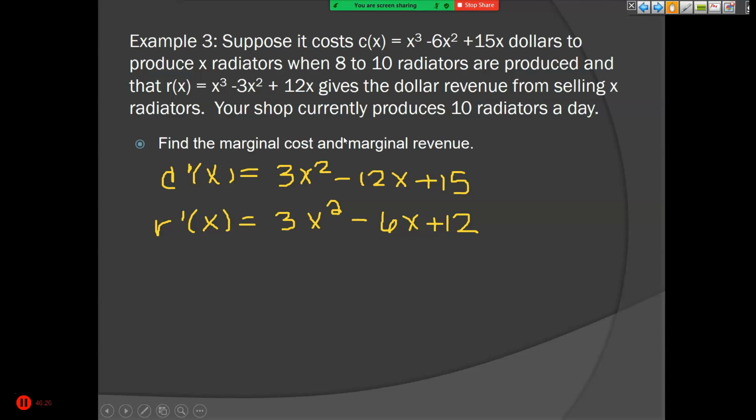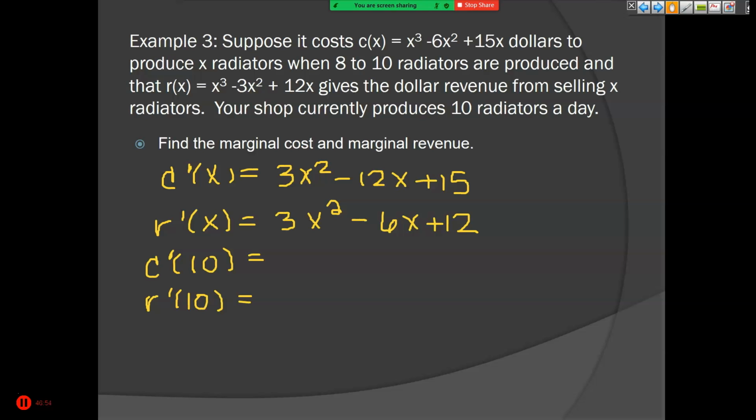We are currently producing 10 radiators a day. So we want to look at C prime of 10 and R prime of 10. And in order for a company to be making money, what am I hoping for? Yeah, a positive in the cost versus the revenue.